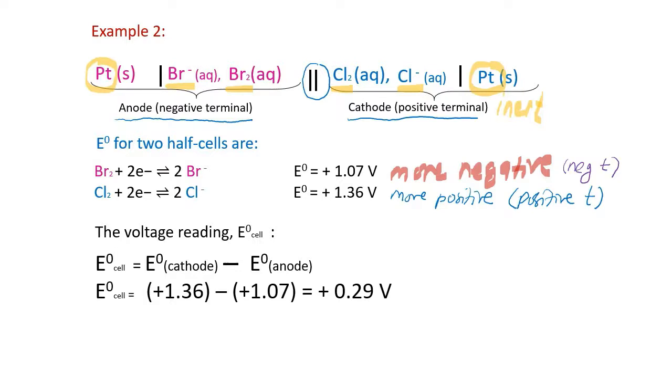Therefore, we subtract it, simple mathematics, and we will get plus 0.29 volt, which is the potential difference of the cell when bromine and bromide are paired with chlorine and chloride as the electrolyte.